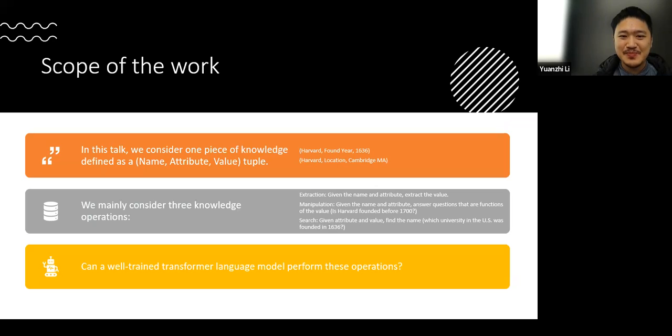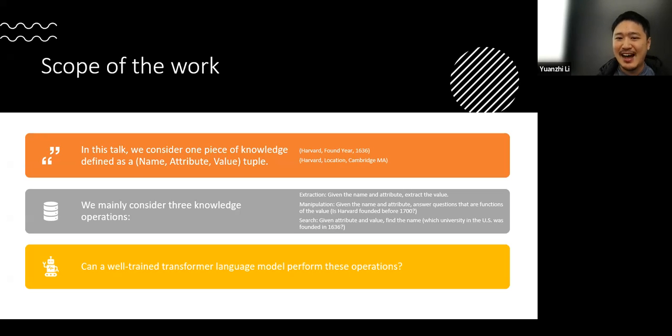Okay. So in this work, we consider one piece of knowledge as really just one (name, attribute, value) tuple. For example, a piece of knowledge would be Harvard, founded, and this particular value, or Harvard, location, and this particular value. And we consider knowledge extraction and manipulation tasks. For example, given the name and attribute, extract the value.